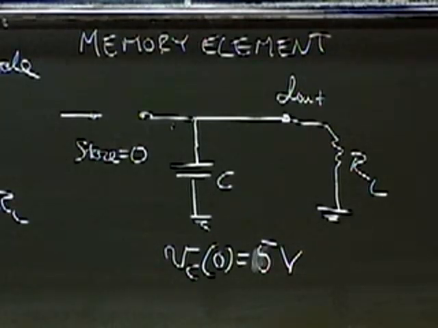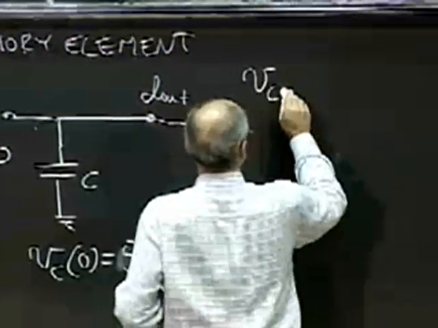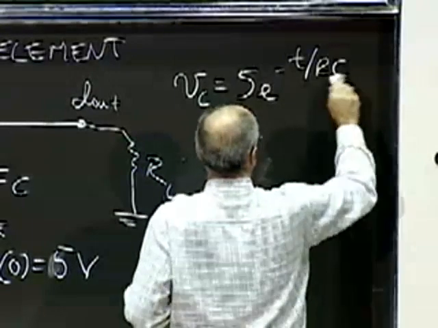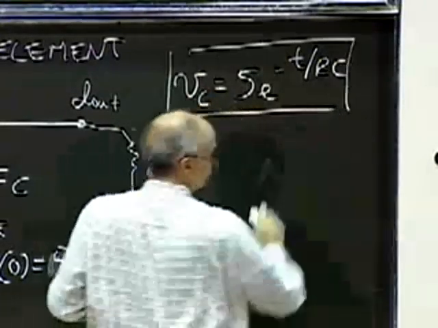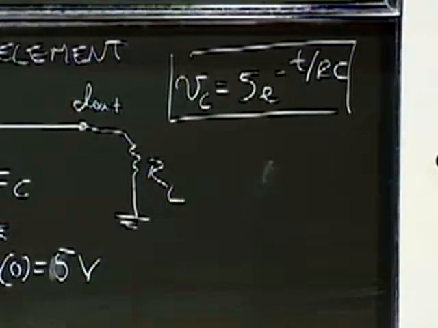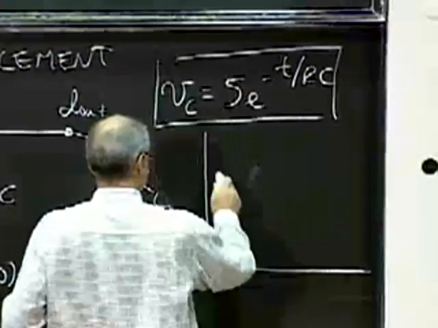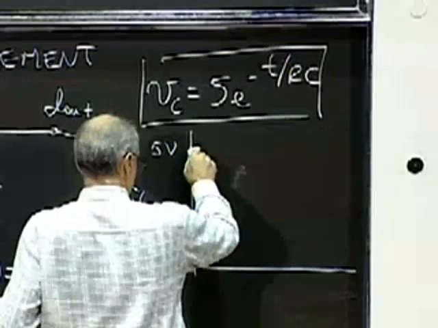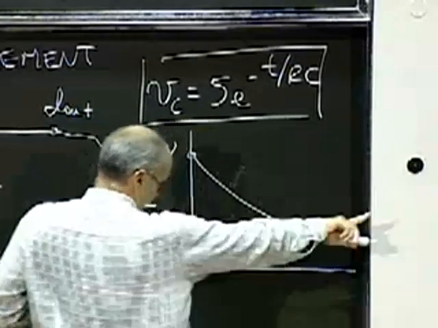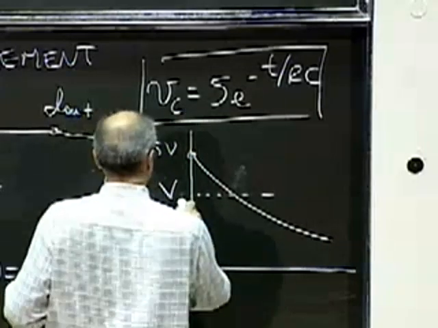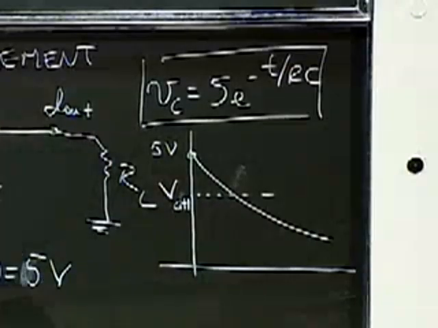Okay, so what's the response of V sub C for t greater than 0 after the switch flipped? It's very simple. VC is equal to 5 volts e to the minus t over RC. That's the response. So we have a decay. We start from 5 volts, let's say here, and we have a decay going down towards 0. At some point, we're going to cross the threshold for high.